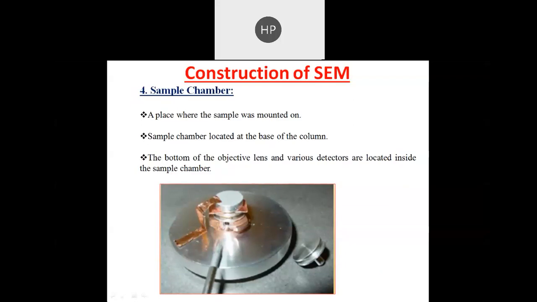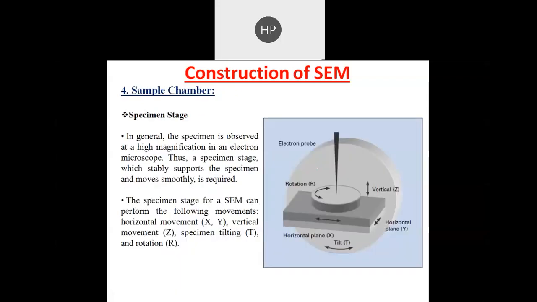Generally this sample chamber is located at the base. It has certain motions: x motion, y motion, z motion, a tilting motion as well as a rotating motion. There are varieties of motions given to the sample chamber, so that we can exactly locate the beam where we require, and according to that we can get the image.